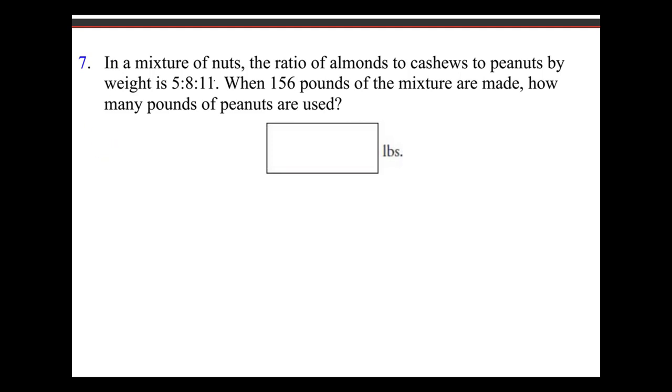In a mixture of nuts, the ratio of almonds to cashews to peanuts by weight is 5, 8, 11. When 156 pounds of the mixture, the total amount, are made, how many pounds of peanuts are used? Peanuts is the last one, this 11.